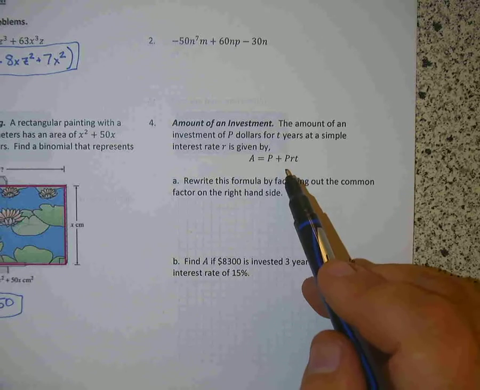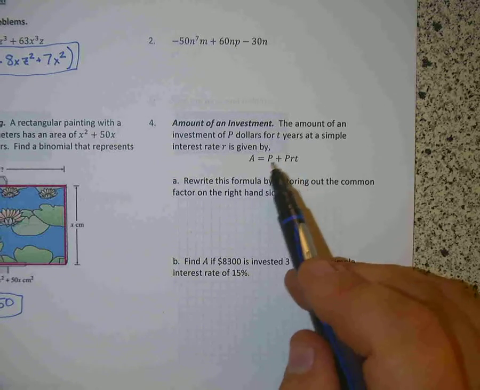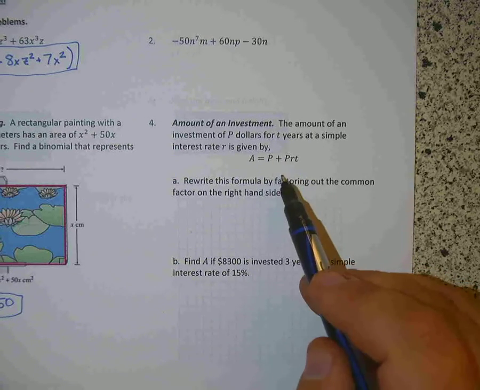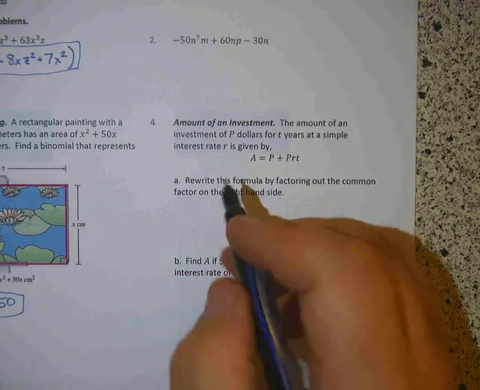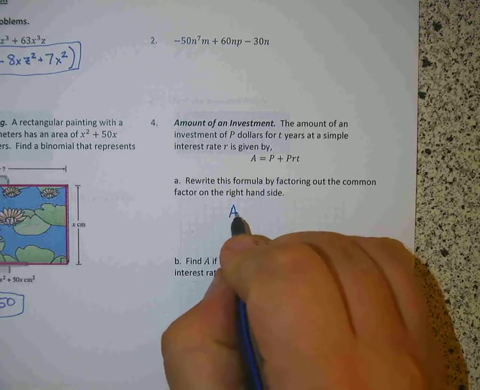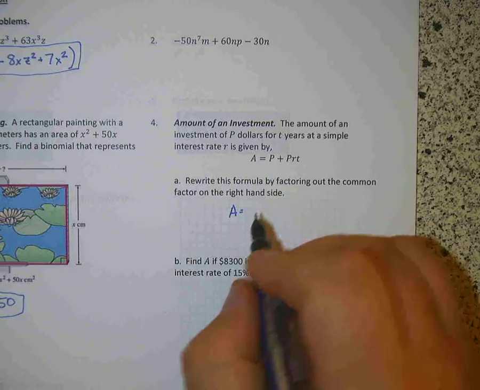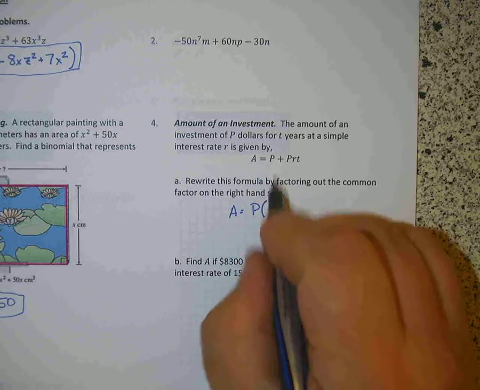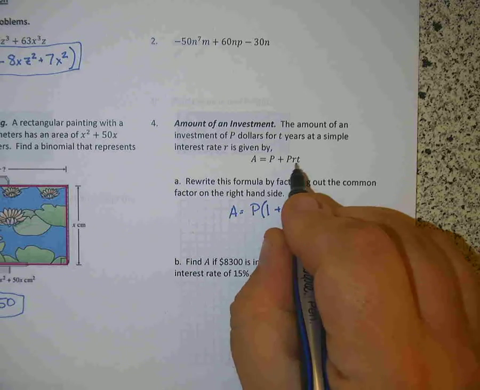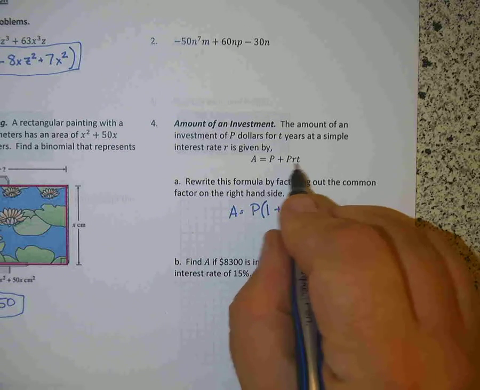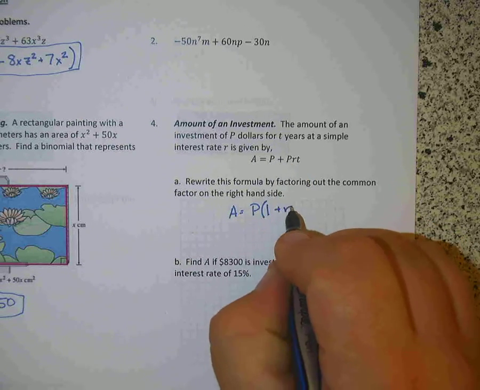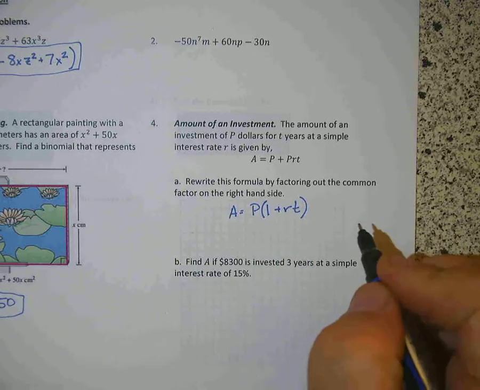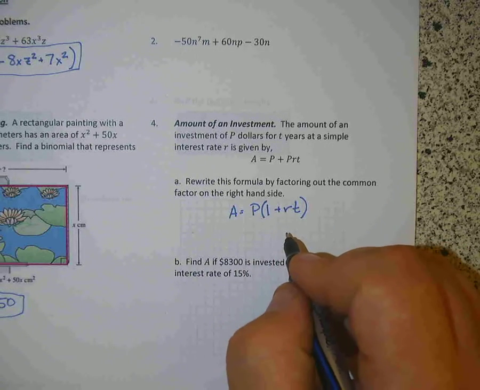I want to rewrite this formula by noticing that there's a common factor of P right here, and I want to factor that out in the front. So I'm going to have P, and then P divided by P is 1. PRT divided by P is just going to be RT. That's actually your answer for part A.